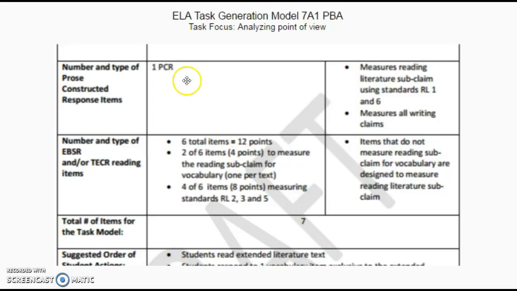So between the 1 PCR item and the 6 EBSR and TECR items, there are a total of 7 items on this particular task to which students have to respond.